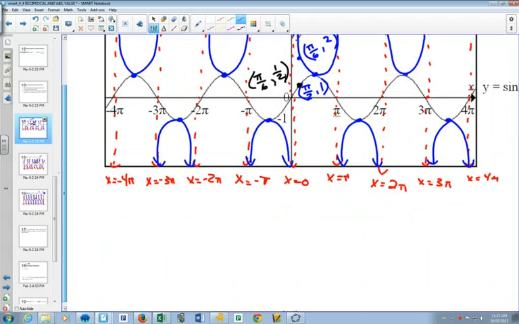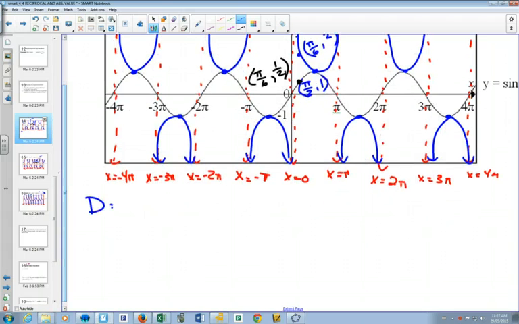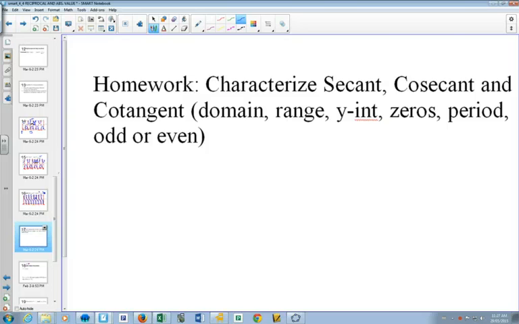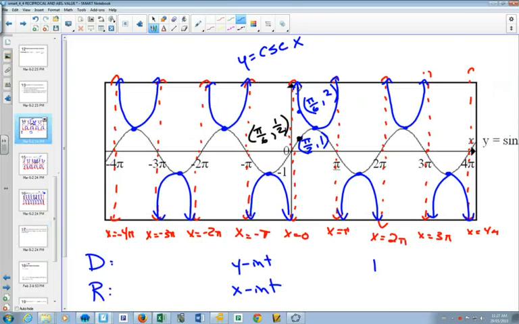We're going to do our domain, our range, say if we have a y-intercept and all of our x-intercepts. What were the other things we're going to characterize? The period, and whether something is odd or even, and I'll tell you what that means in a second.